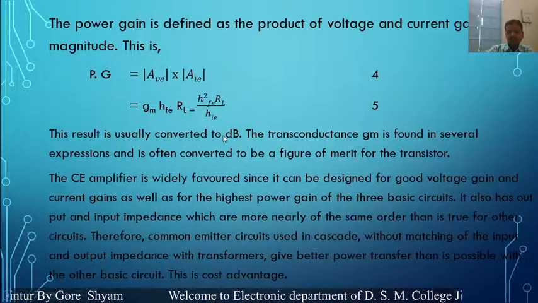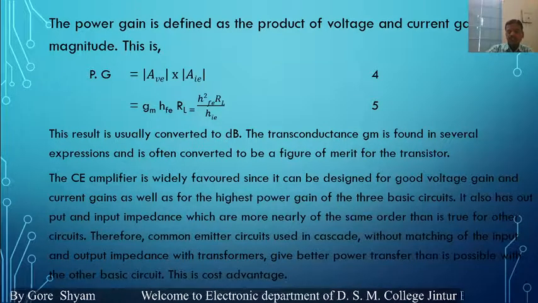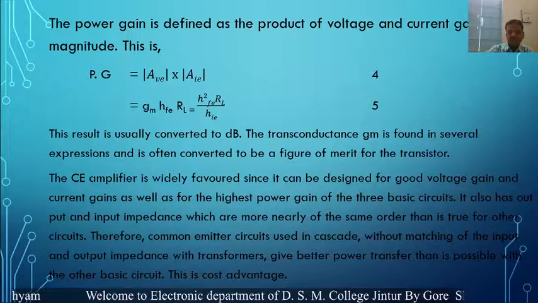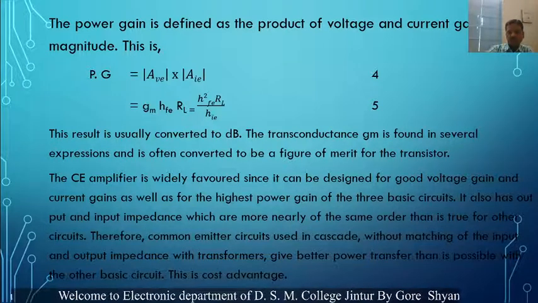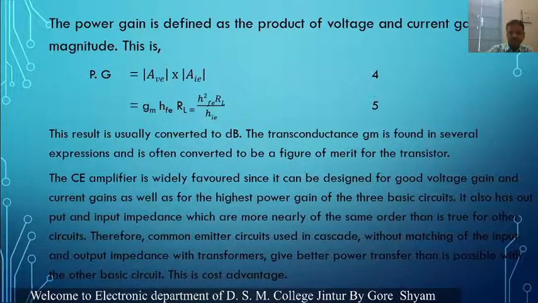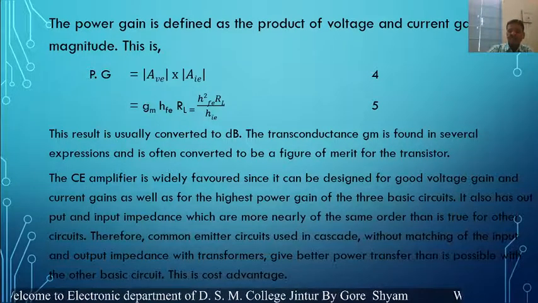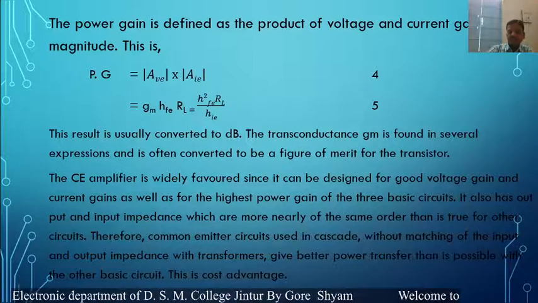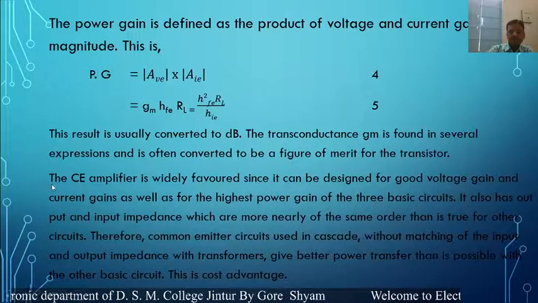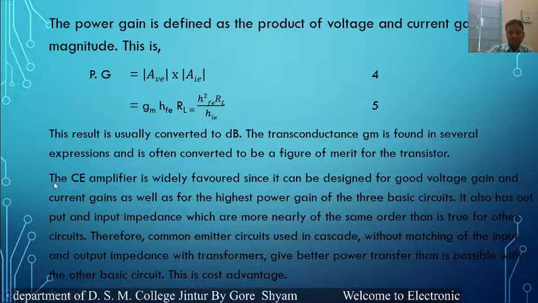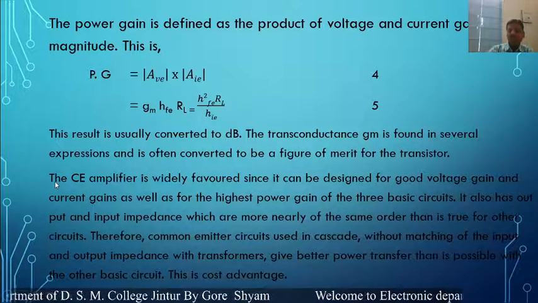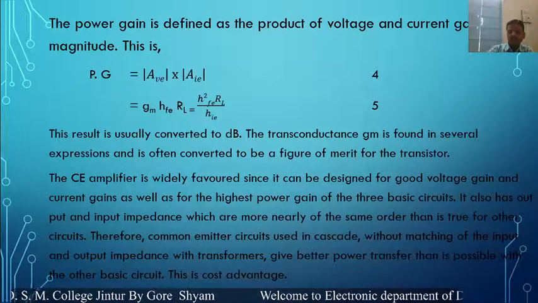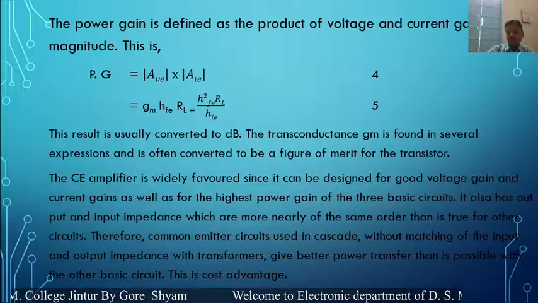The transconductance GM is found in several expressions and is often converted to a figure of merit of the transistor. The CE amplifier is widely favored since it can be designed for good voltage gain and current gain as well as power gain. For common emitter amplifier, the voltage gain, current gain and power gain are very high.